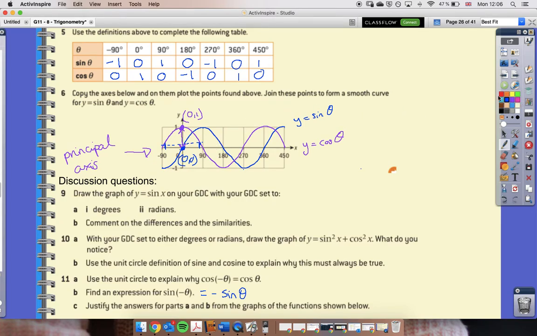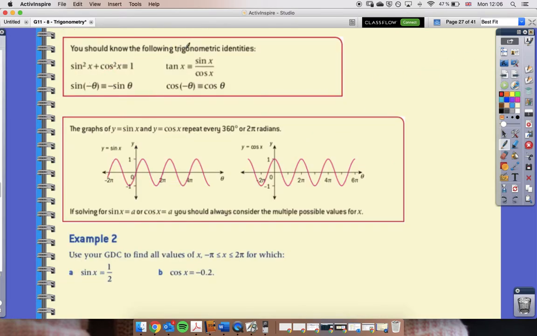And with our sine curve, this rotational symmetry about the origin means that if we have a positive angle and the opposite, they're going to be just the opposite outputs again. So this is summarised here. These are all the results we've come across. We started with this one from our unit circle, and we just looked at these other three now.